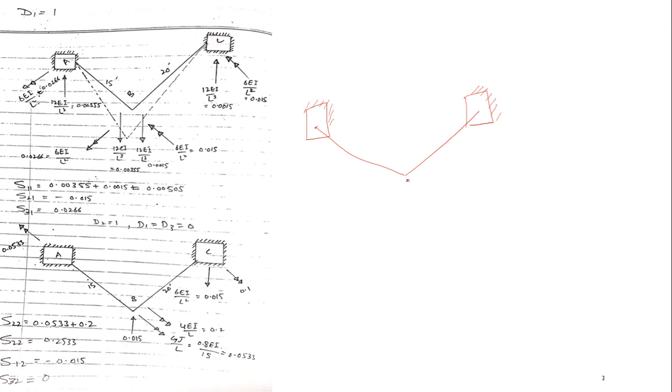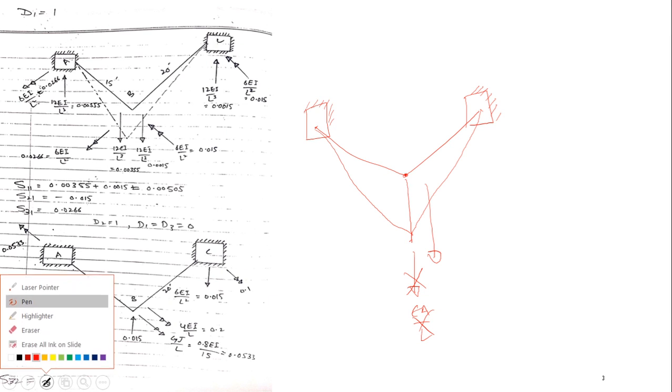Now when I am applying a translation in this direction, the deformed shape would be like this. If it was a frame and you were giving an axial deformation, it would have been EA by L, but there is no member in the y direction, therefore no EA by L, no axial rigidity.